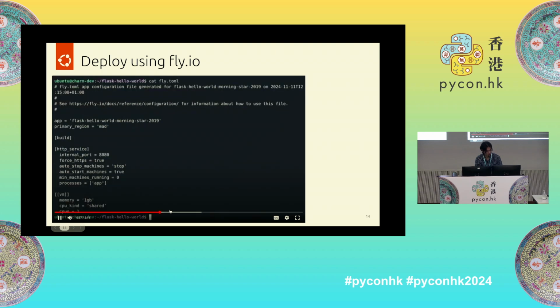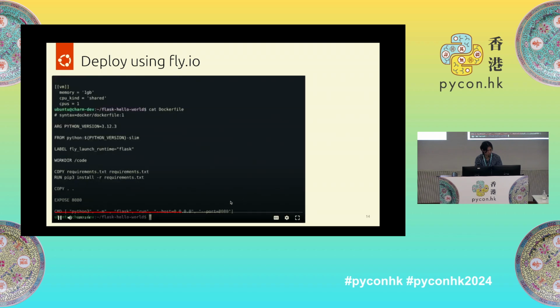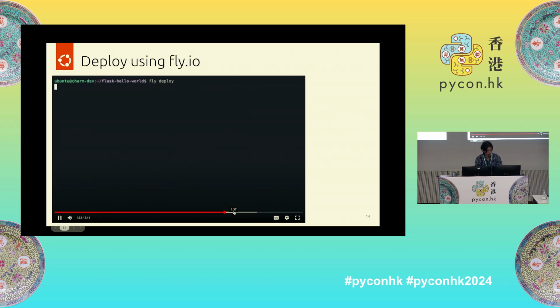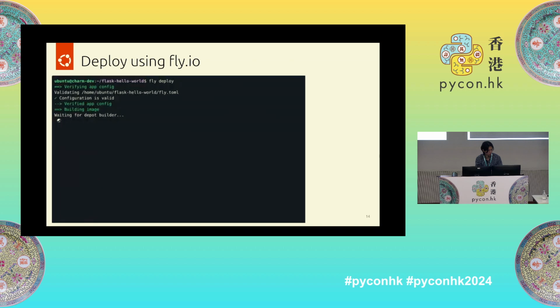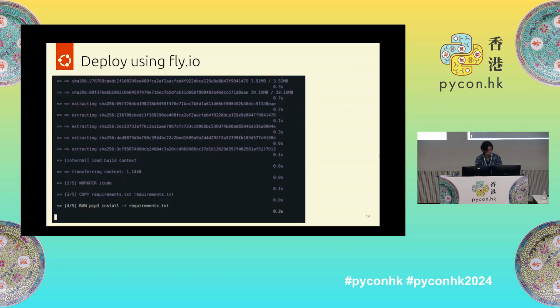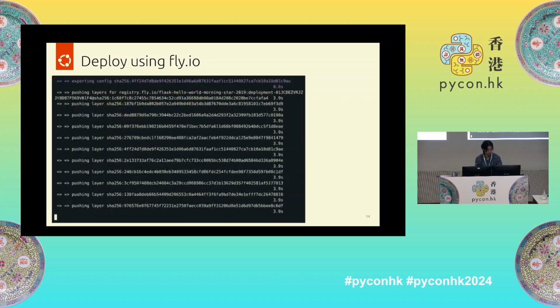Yeah. And you have YAML engineers now. And this is the Dockerfile that we're going to use for the fly.io service. And we built the Docker image.